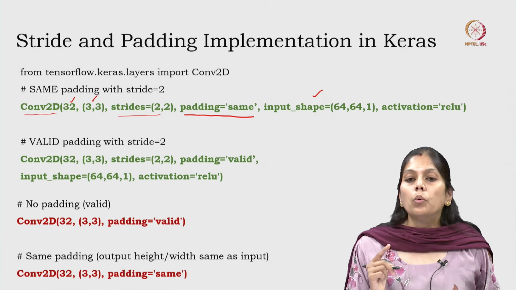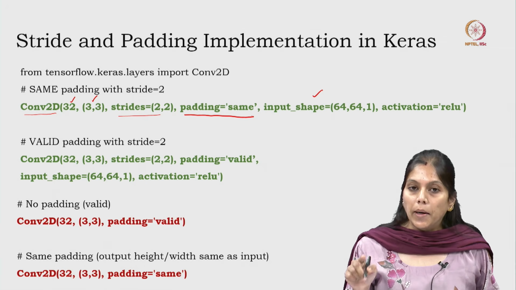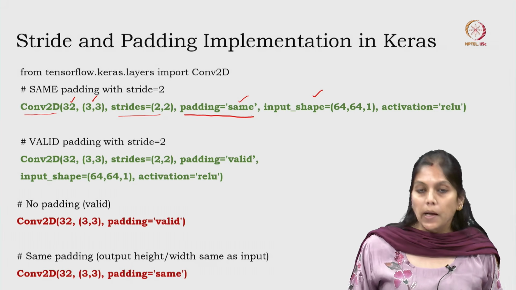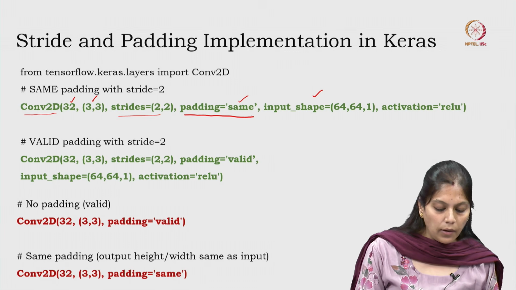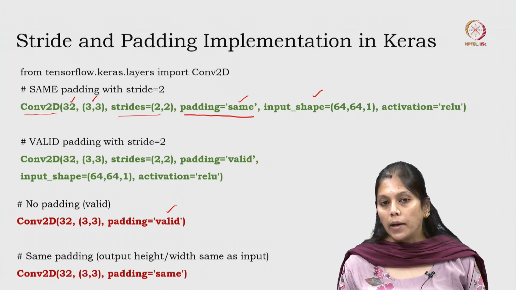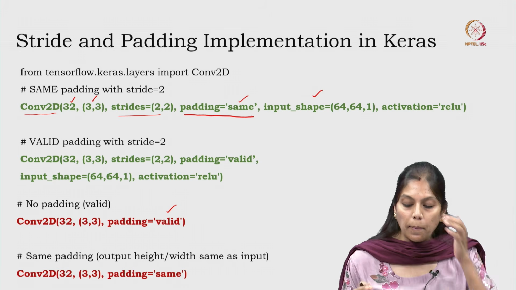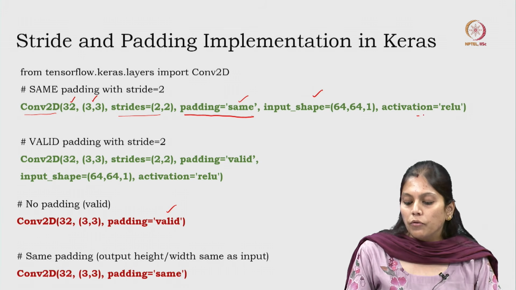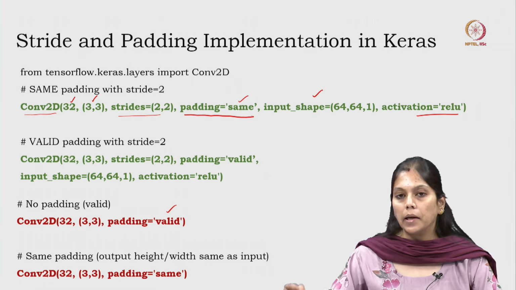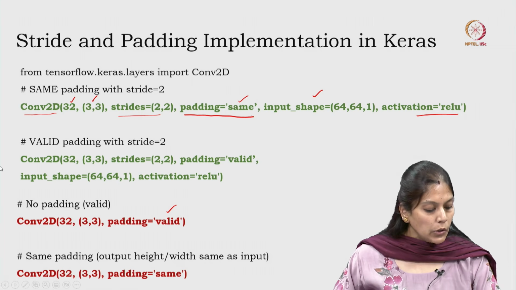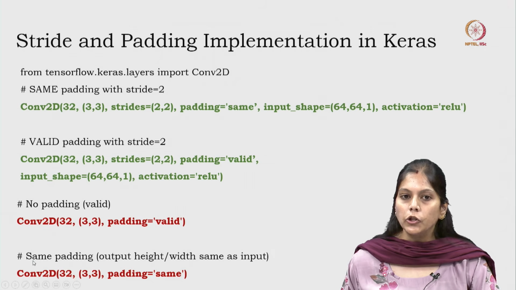Then whether you want padding or not. If you want padding, padding equal to same. If you don't want padding, you write padding equal to valid, which means no padding is applied. Then the activation function, which is ReLU here, which we will see in the upcoming session. So this is the hands-on implementation part.